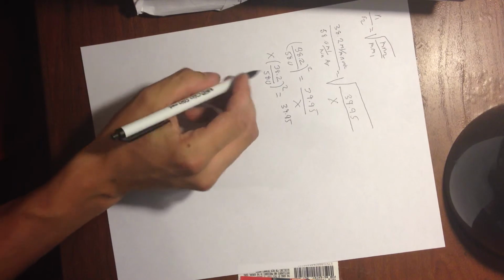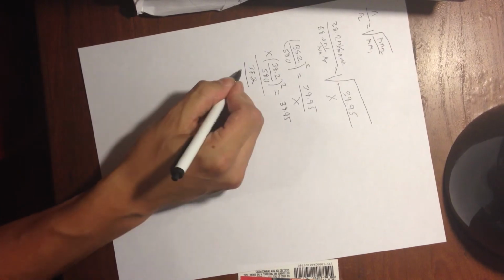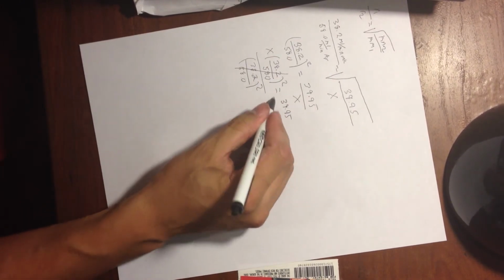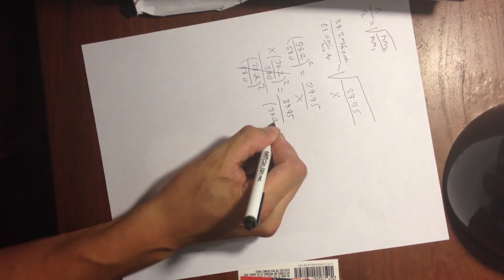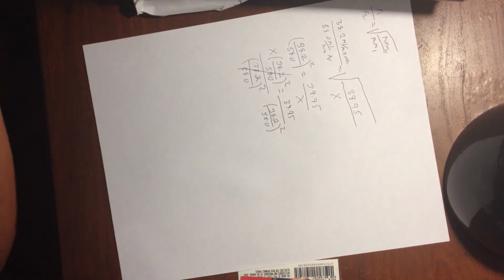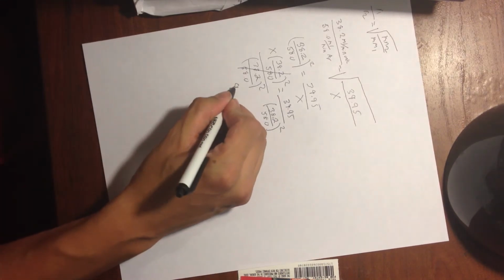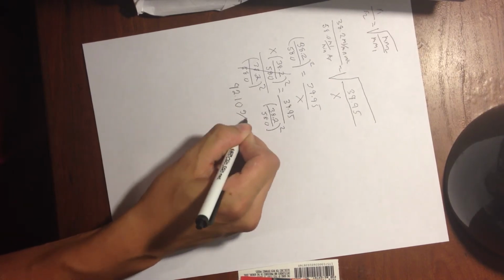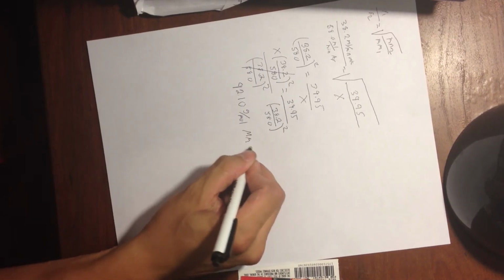Now we're going to divide by the 38.2 over the 58.0 squared. That will cancel out. And after you calculate this, you should get 92.10 grams per mole. So this is the molar mass of the compound.